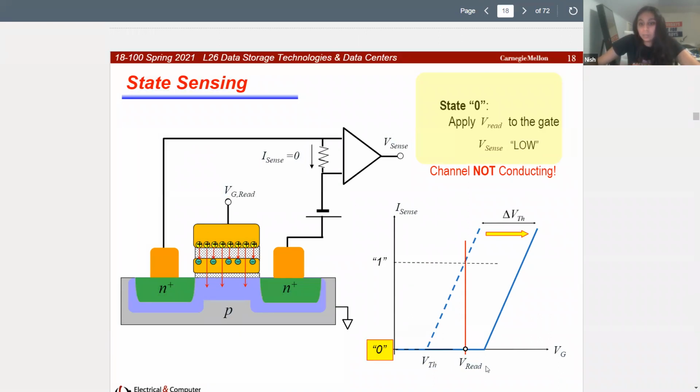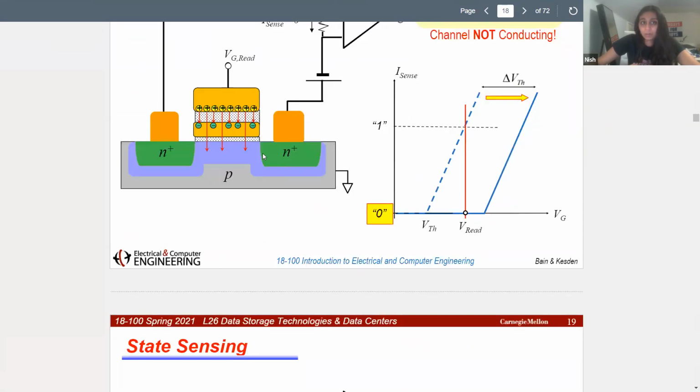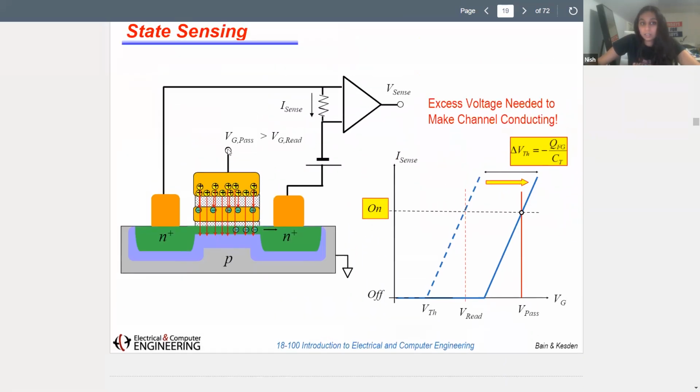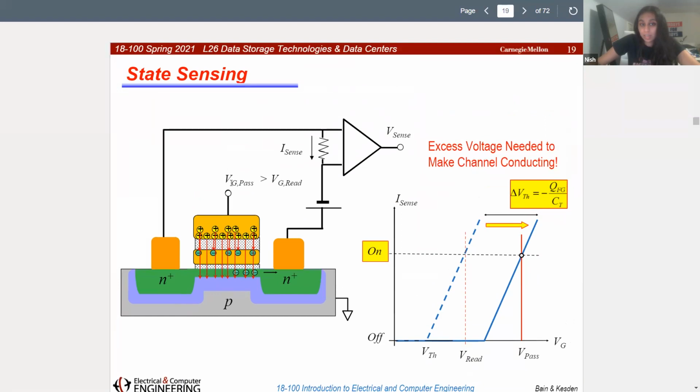So with this same medium voltage V read, you're still going to read an off. In order to get current flowing on a programmed state, you're going to give to the gate this V pass, which is basically just a really high voltage. That's the one that's going to cause the current to flow.